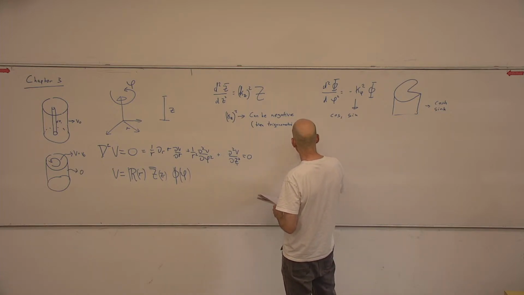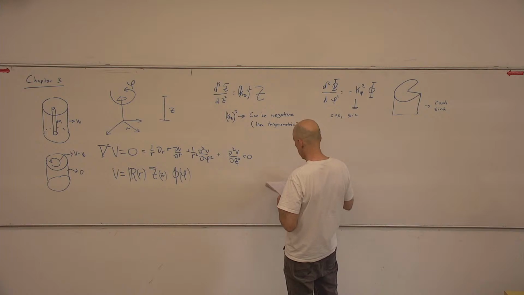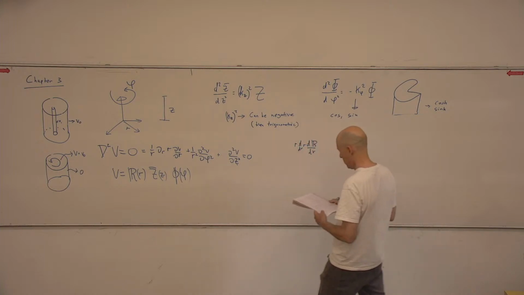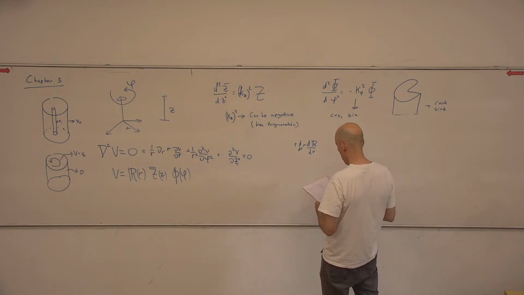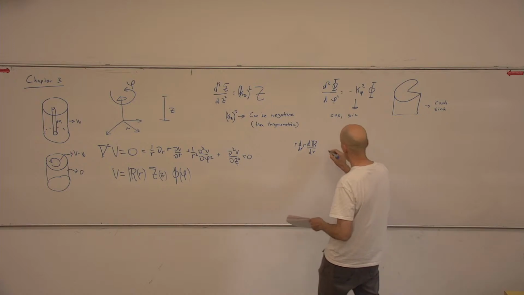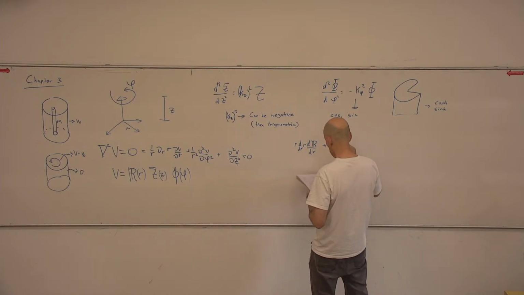It is d over dr of r times dR dr, plus kz, which is a number, squared r squared.